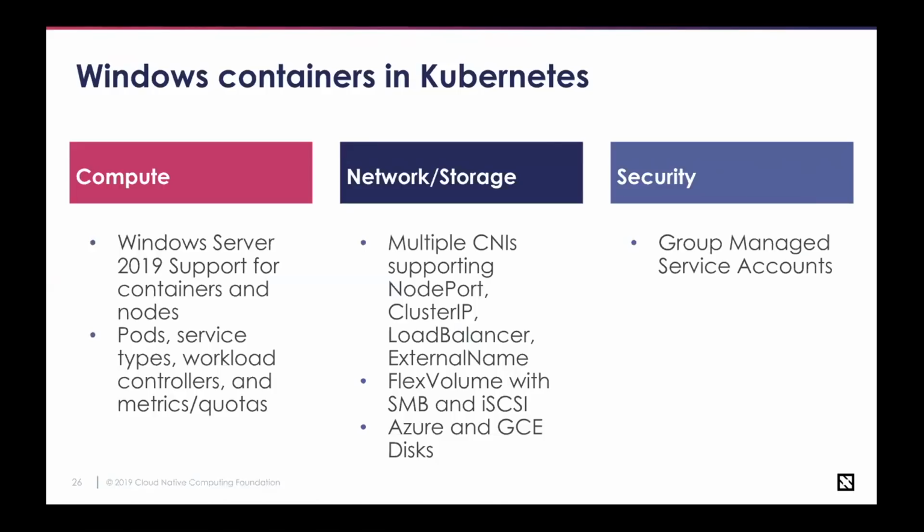So with GMSA, you can give an identity to the network and be able to provide the right access control into your file share and your database so that your container running in Kubernetes is the only one that's authorized to access that. We look forward to enhancing the functionality with future releases, and we're going to make it better and better. Next slide, please.